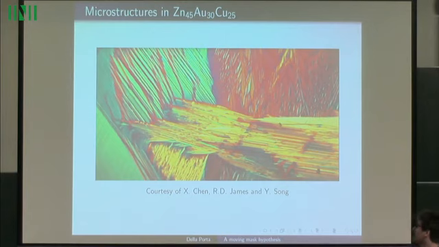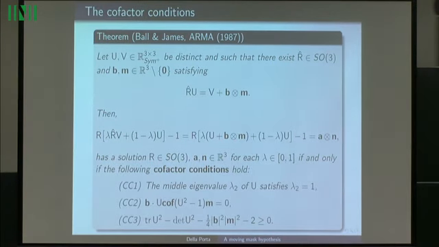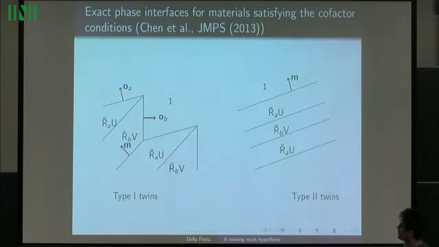Indeed, as was mentioned in Dick's talk, this material closely satisfies these cofactor conditions CC1 to 3, and I don't want to enter again into what these special conditions are, but the claim is that thanks to these special conditions, this material can form exact interfaces between laminates of martensite and austenite without any interfacial energy.